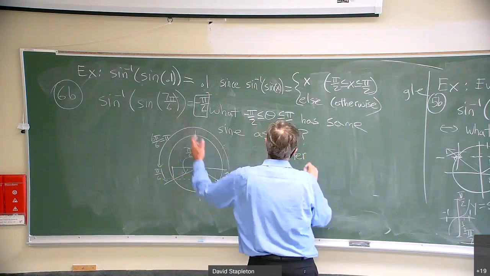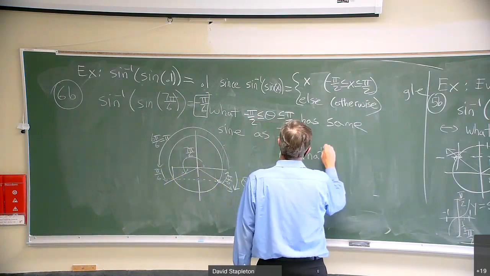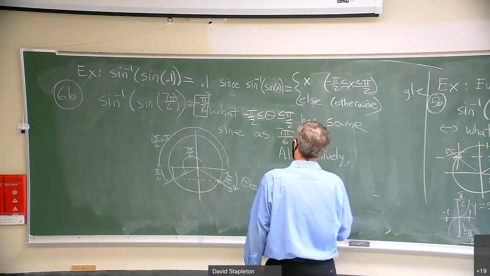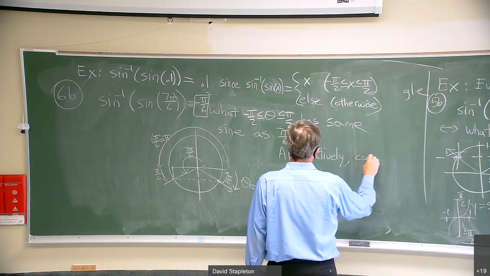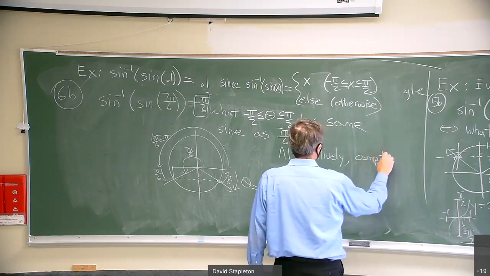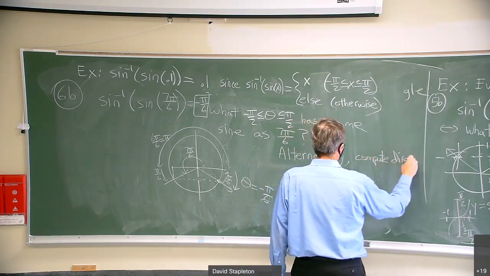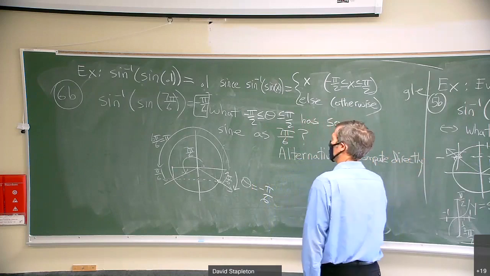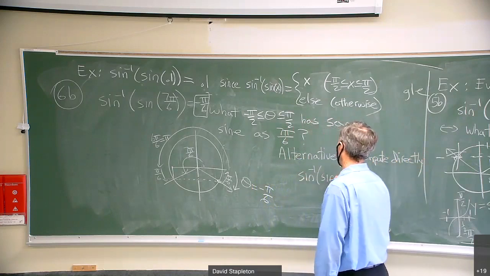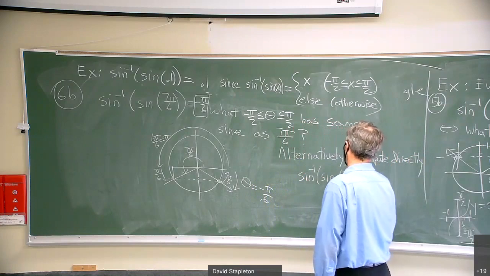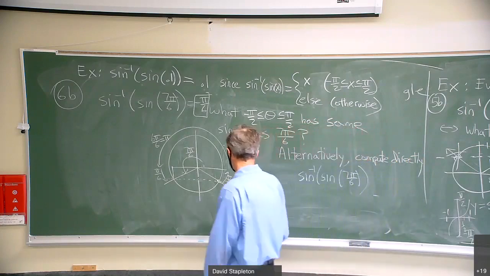Alternatively, since this is a special angle, we can just compute it directly in the unit circle. We can say the arc sine of the sine of 7 pi over 6. Well, what is the sine of 7 pi over 6?